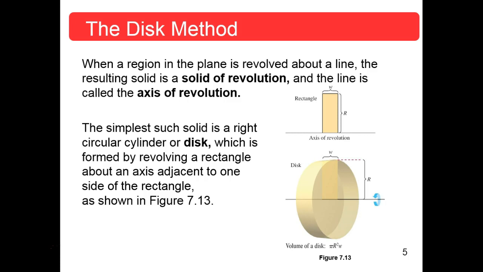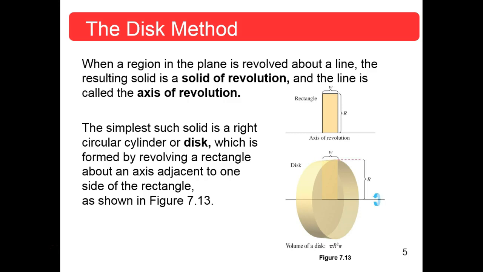Here's one that we're going to do. Here's a rectangle. Length times width, a rectangle. The length is, they give capital R. The reason is R being the radius later, it doesn't look like a radius now, and the width is W. If you revolve that around the axis it's sitting on, that could be the x-axis or whatever, you are going to trace out, as that spins around here, a disk.